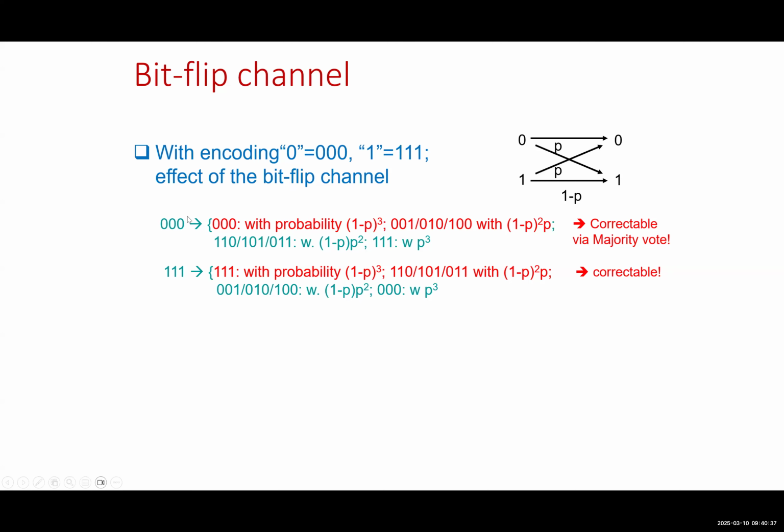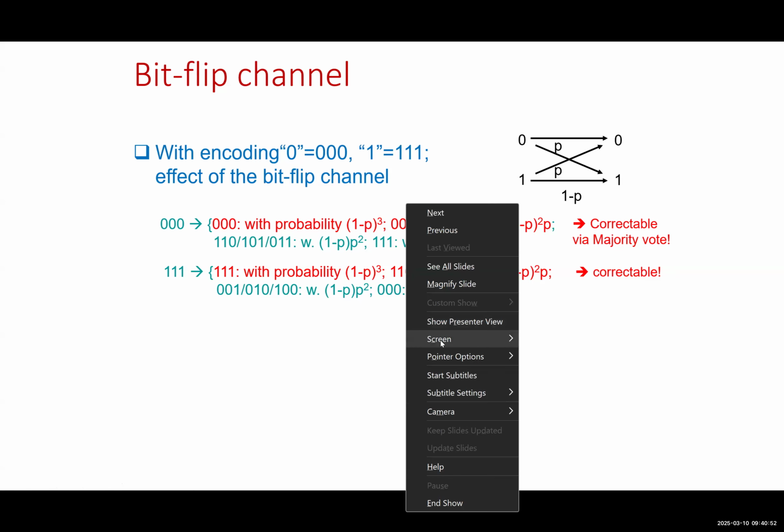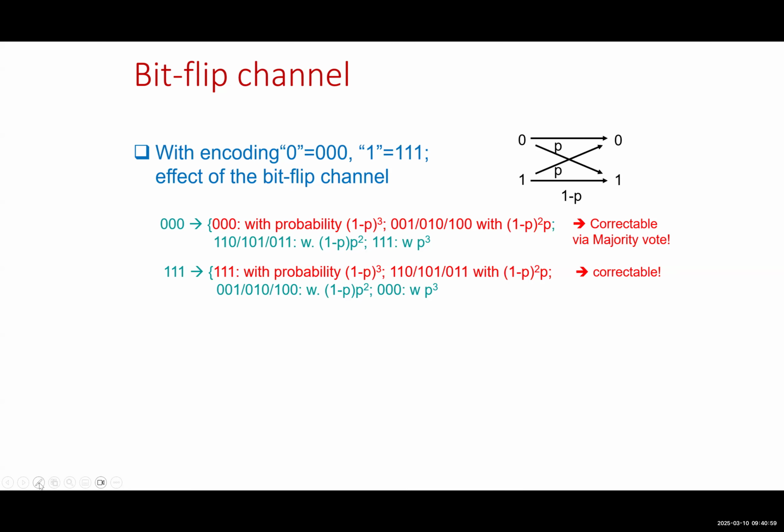So 000 will stay 000 with probability (1-P) cubed, but it will flip to 001, 010, 100, each with probability (1-P) squared times P. That is the staying part, and P is the flip.